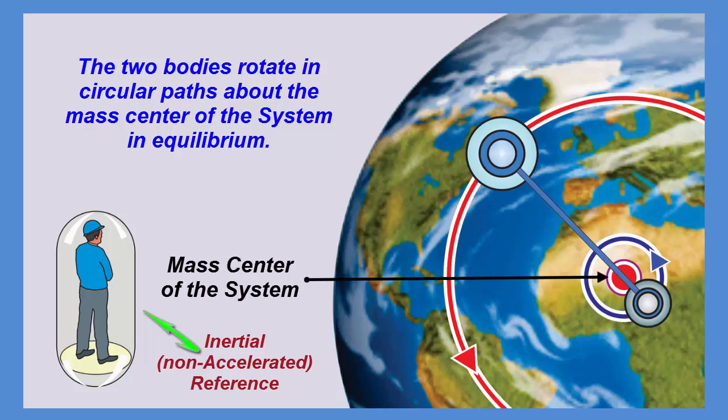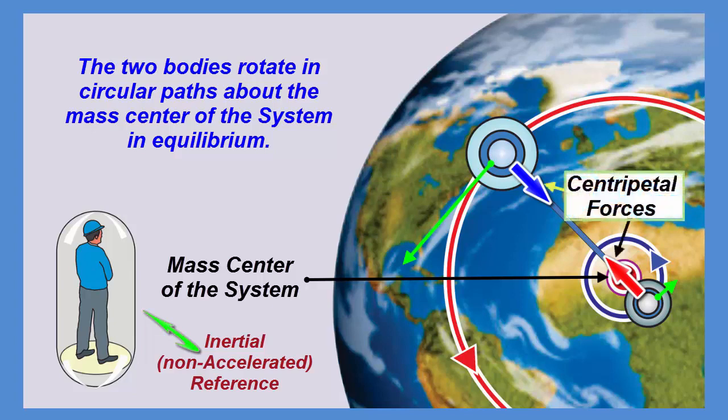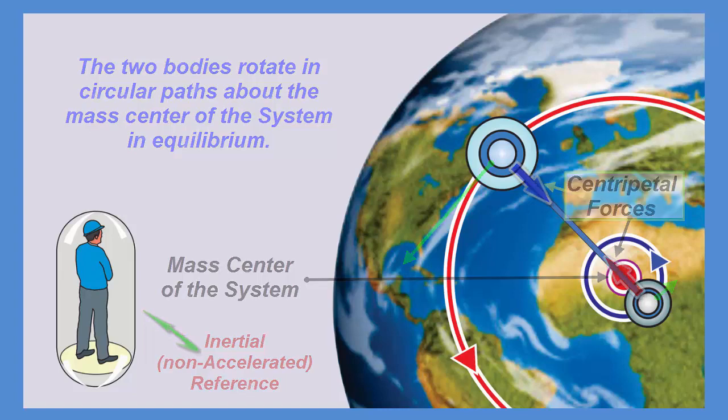That is, when the equilibrium is established, the two bodies rotate in uniform circular motion about the mass center of the system, relative to the inertial reference, which makes the process in conformity with the laws of motion, and we can identify the pair of equal and diametrically opposite centripetal forces, causing their circular paths.